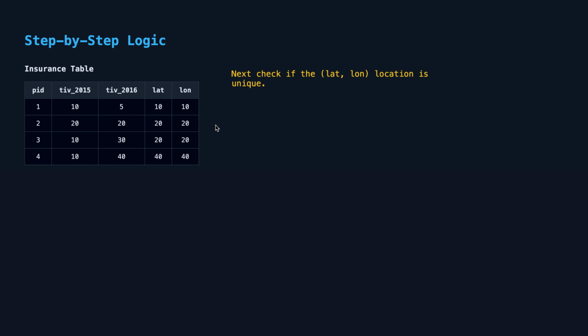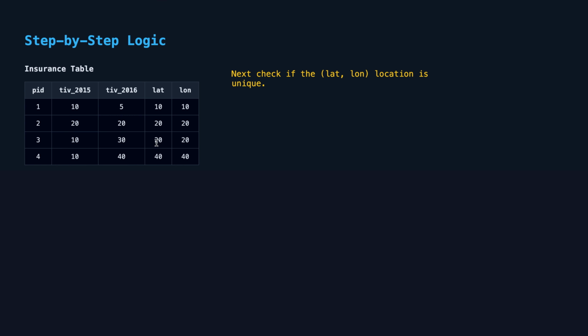Now we check for unique locations, which is the second condition. We check whether each row has a unique pair of latitude and longitude. Looking at the coordinates in the table, we observe that row 2 and row 3 share the same location, which is 20, 20.